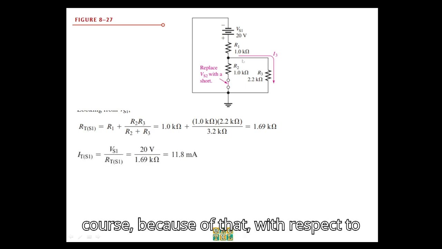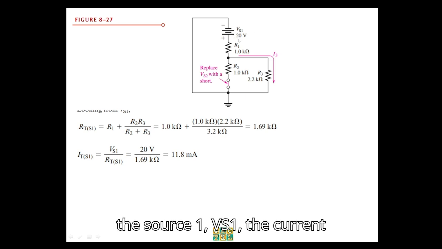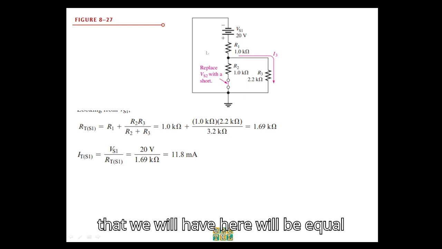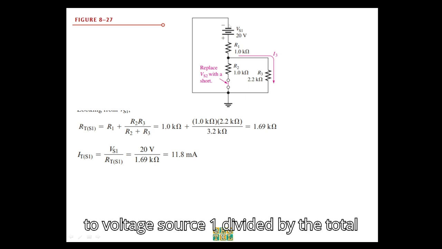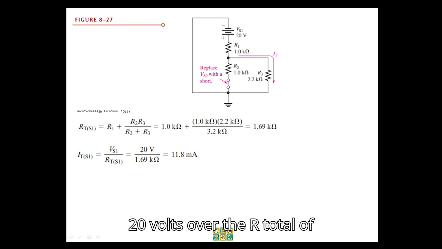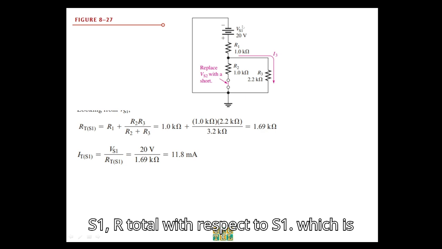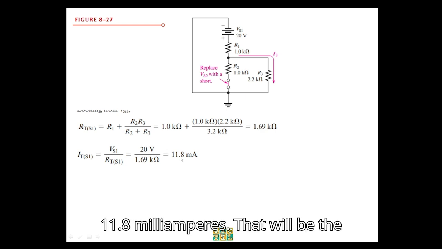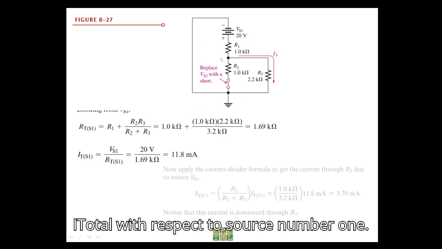Then, with respect to the source 1, VS1, the current will be equal to voltage source 1 divided by the total resistance RT S1. Then we will have 20 volts over the R total with respect to S1, which is 1.69 kilo ohms. And we got 11.8 milliamperes. That will be the I total with respect to source number 1.